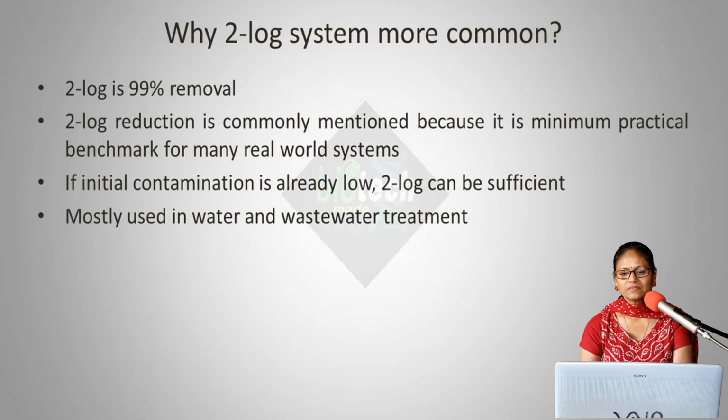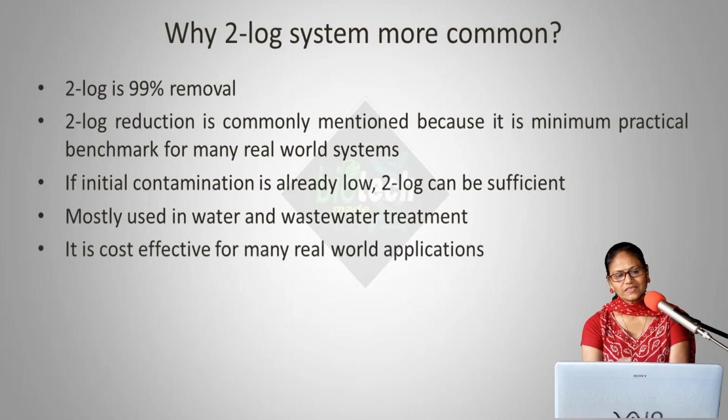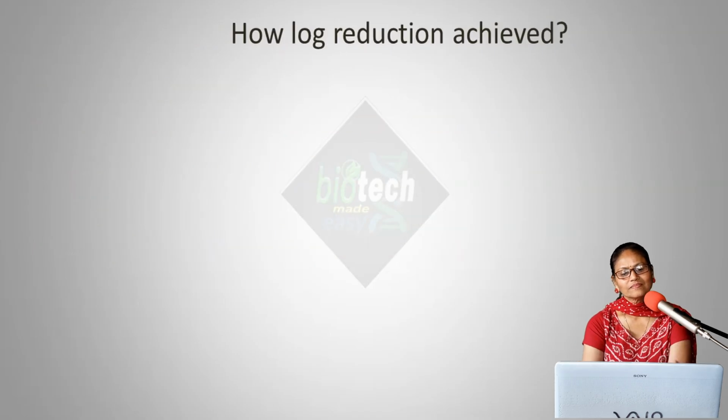This 2-log system is very common, and it is also very cost effective because here we are using just 2-log. So not many methods are used here. For real world applications, you have to be cost effective also. As you go towards the higher side, cost will also increase. So this is cost effective, and that is also one of the reasons that it is very common.